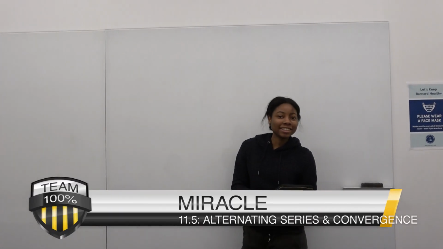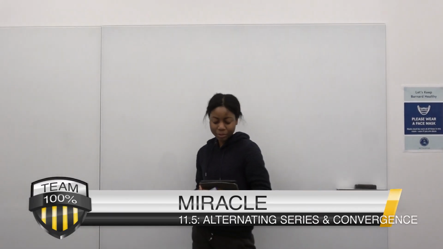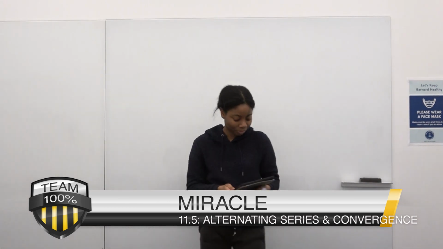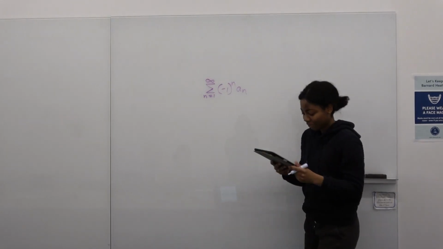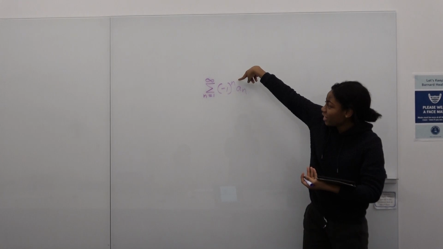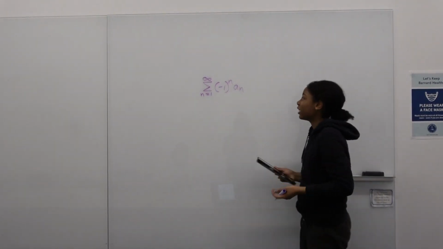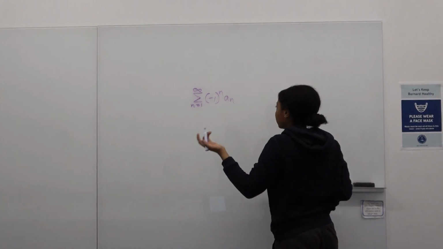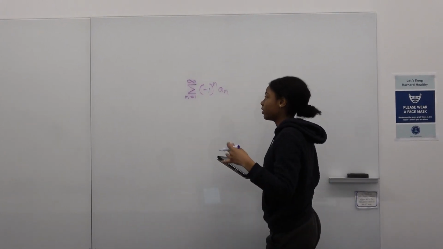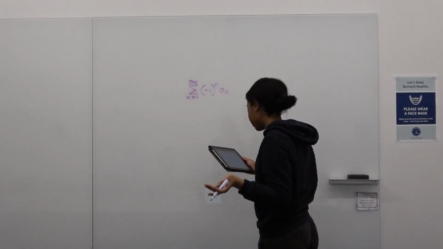An alternating series is a series that alternates between positive and negative signs. Now, to give you a sample of what this will look like, the general form of an alternating series is this. The exponent here, which is n, as it increases, the sequence will switch from a positive to negative sign, or the series will switch from a positive to negative sign.